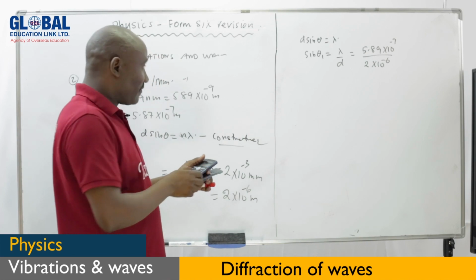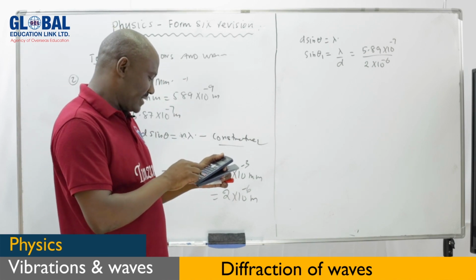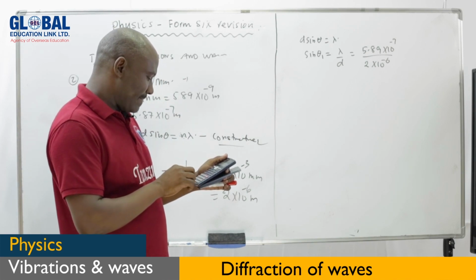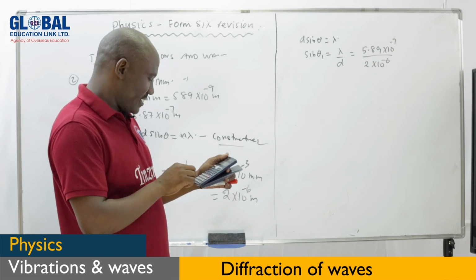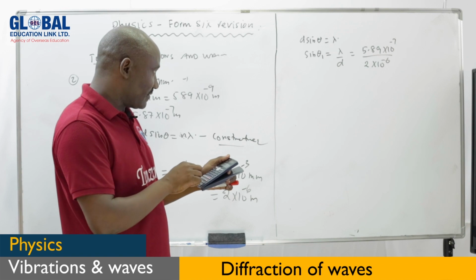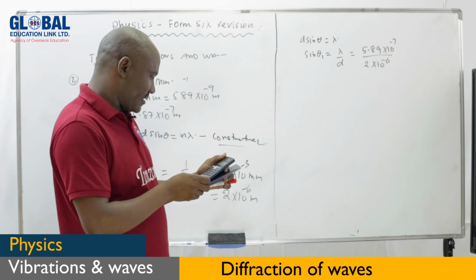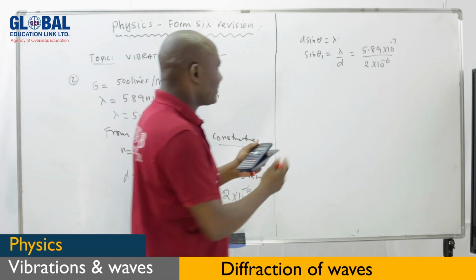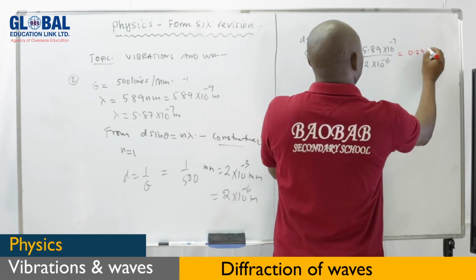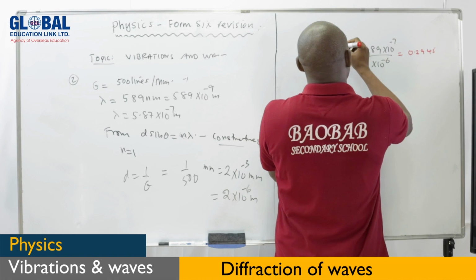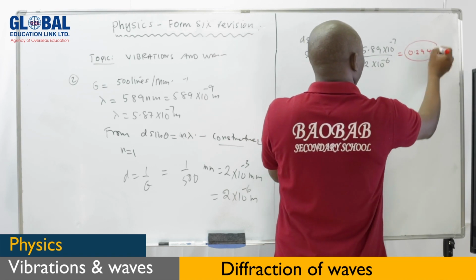Using a calculator, you find 5.89 e power negative 7 divided by 2 e power negative 6. You get 0.2945. Let's take this ratio aside.